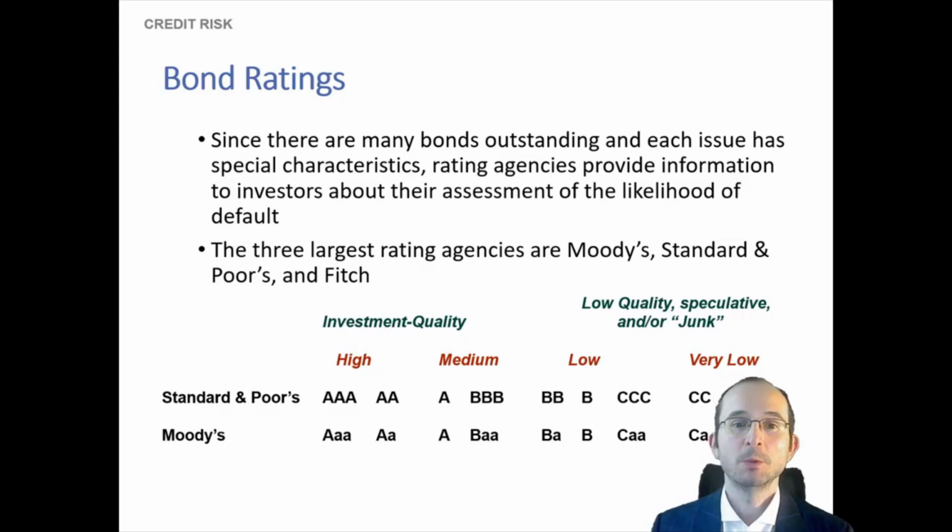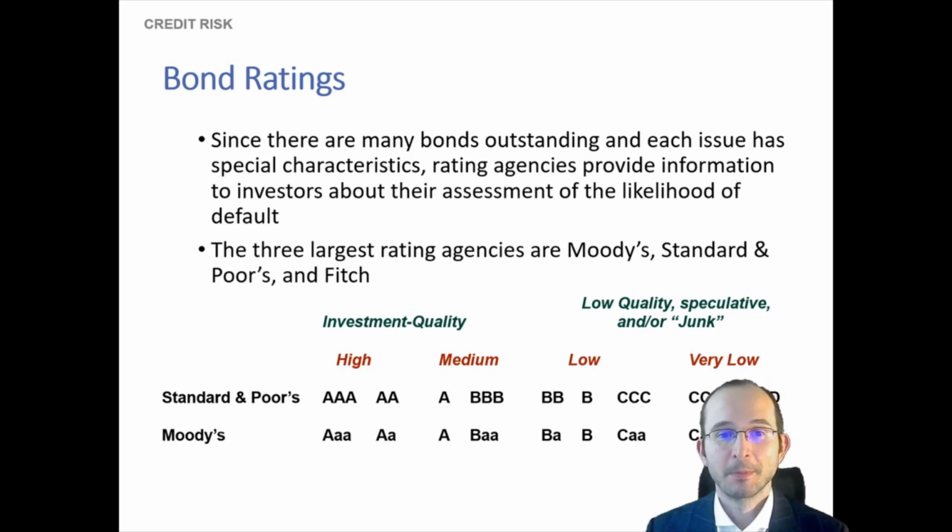So how do these issues of credit risk and default risk get reflected in bond ratings? Well, there's three big rating agencies in the US market, Moody's, S&P, and Fitch.